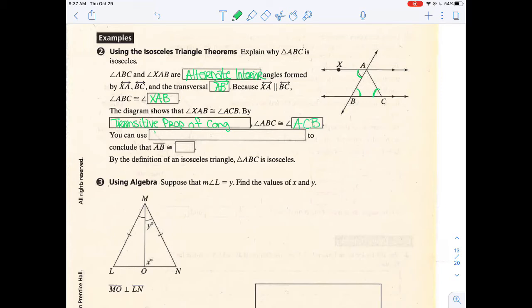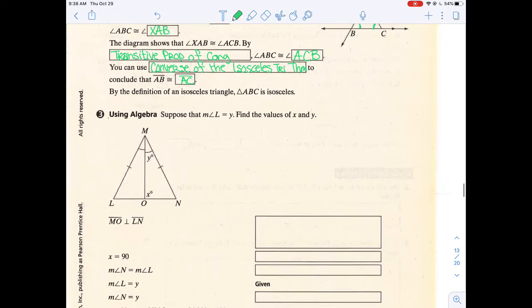And you can use the converse of the isosceles triangle theorem to conclude that side AB is congruent to side AC. By the definition of isosceles triangles, triangle ABC is isosceles.